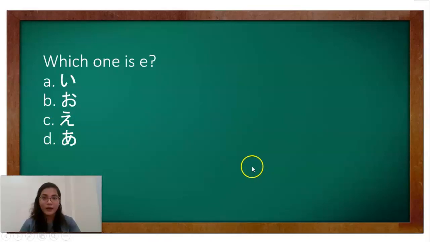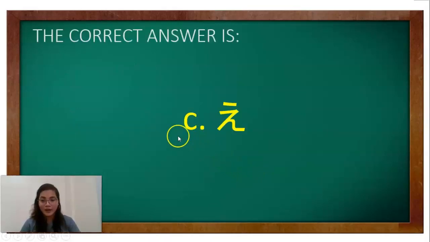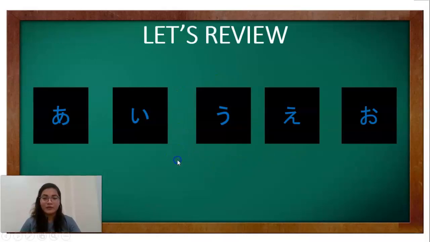Okay, the correct answer is letter C. So this is the E. Now let's review the row. This is A, I, U, E, O. Again, A, I, U, E, O. Please try it by yourself.